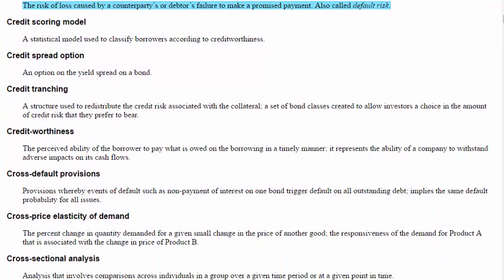So you can see getting up to speed on all these terms as you go through the reading on fixed income is really important. A lot of times the questions are just based straight out on definitions, okay? So later on we'll be getting into credit tranching and credit worthiness, etc.